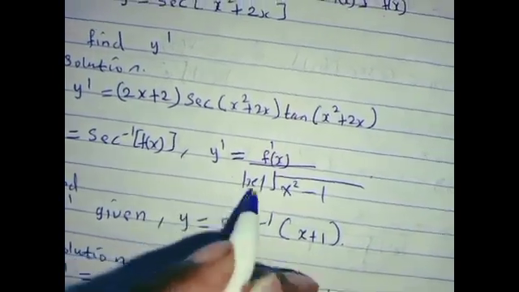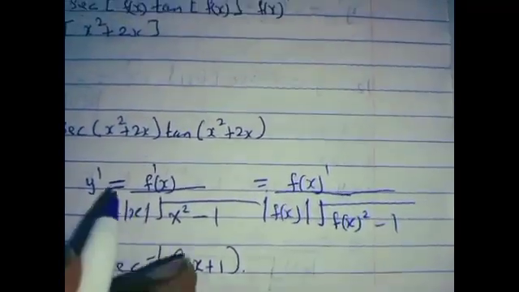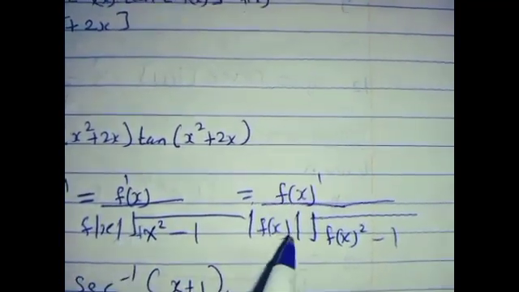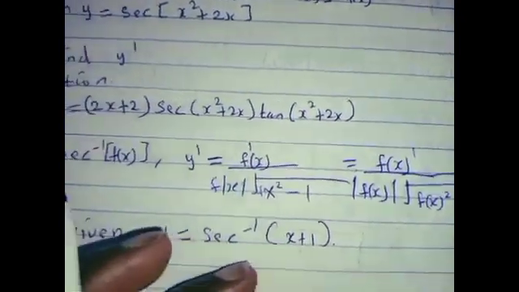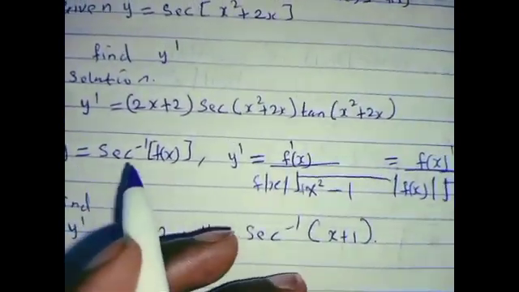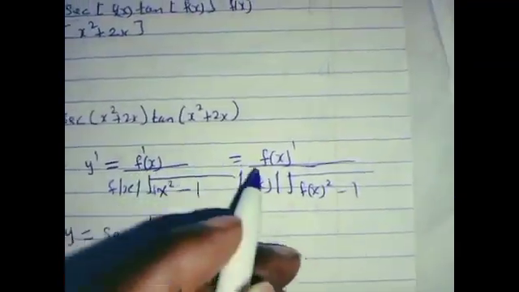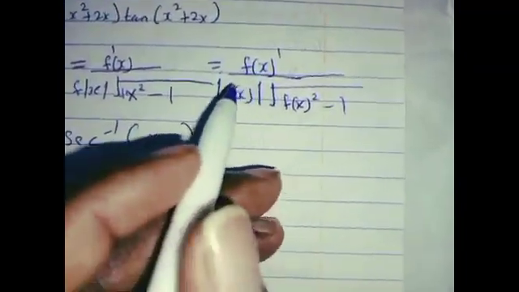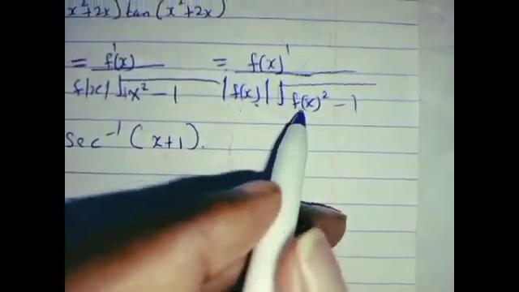Here this is f of x, this is f of x, and this is also f of x in brackets. When you are given y is equal to sec inverse of f of x, you differentiate the function in the bracket, then put everything over modulus of f of x times the square root of f of x squared minus 1.